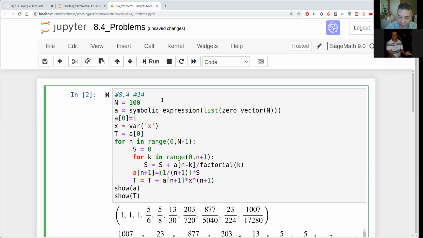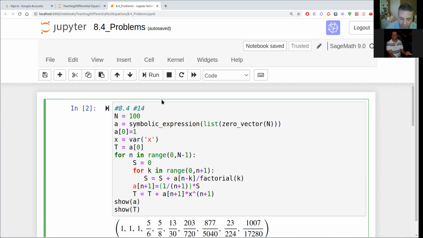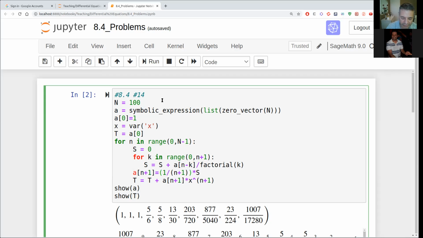So let me real quick show you guys again what the recursion relation was. Give me just a second. Let me stop sharing.